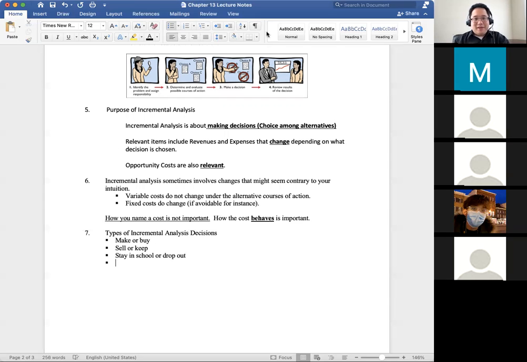Okay. Can you think of some other examples for incremental analysis? You can either do this or do that. Okay, you can rent something or buy it. That's very good. Rent or buy, like a house or a car. You can go out or stay in.